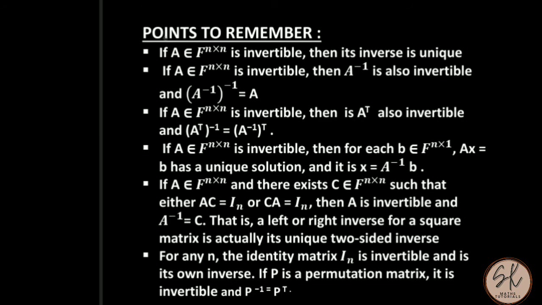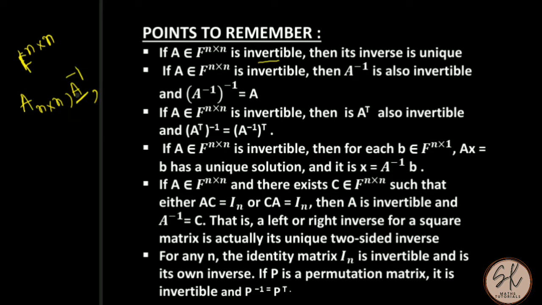Now see, here are some points to remember. If A in F n cross n is invertible, then its inverse is unique. Here F n cross n is the set of all n cross n matrices over the field F. Invertible means whose inverse exists, so if A inverse exists, then its inverse is unique.